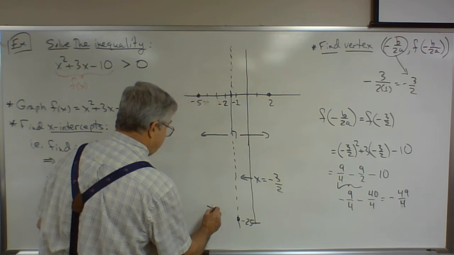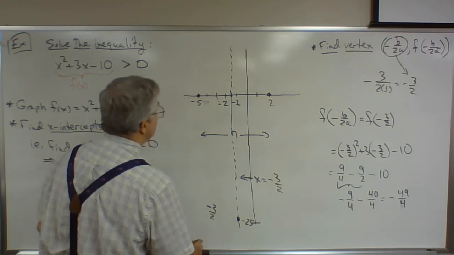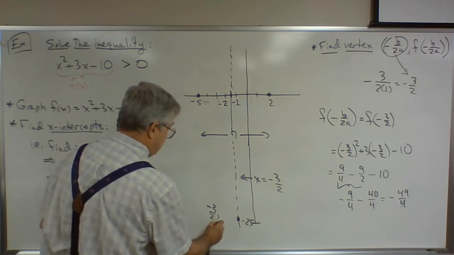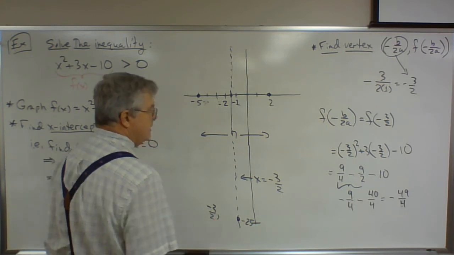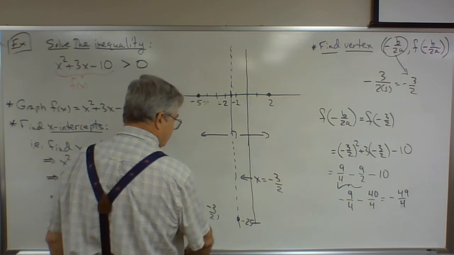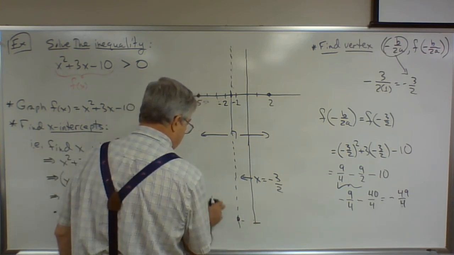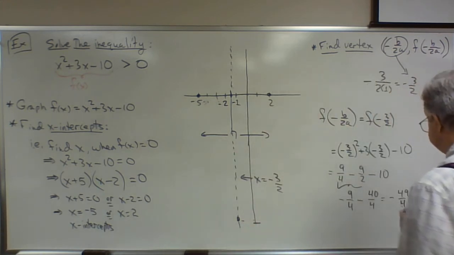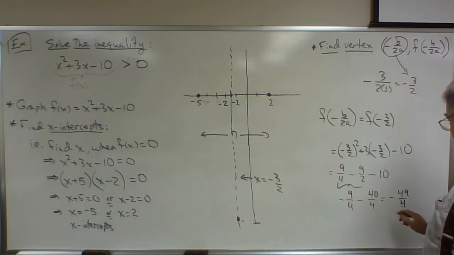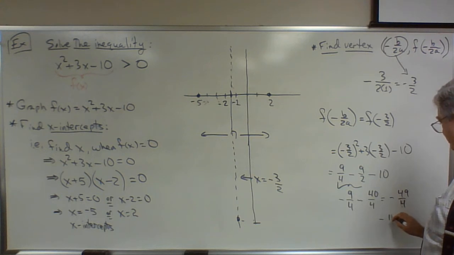X equal negative 3 halves. Negative 49. Oh, wait a minute. 49/4. That's not 25. What is it? Oh. Negative 12 1/4.